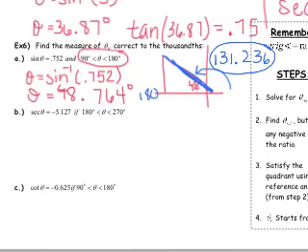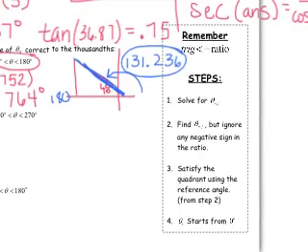Okay, something interesting to note. If you are going to satisfy your location purely based on your reference angle that's always positive, then you should always use a ratio that is positive. And that's going to be one of these key important steps that's listed over here. It says solve for theta ref.